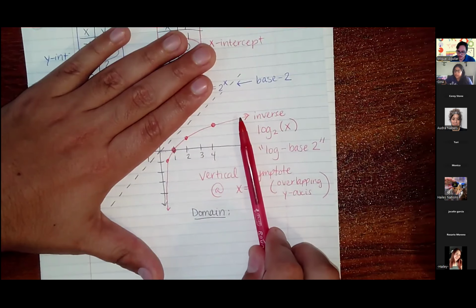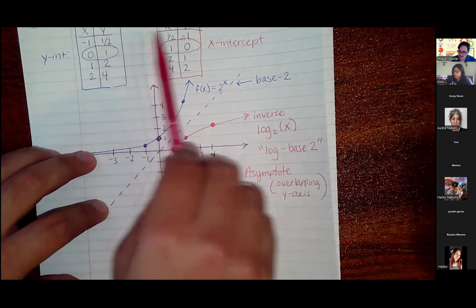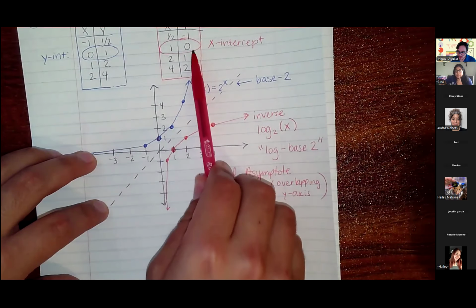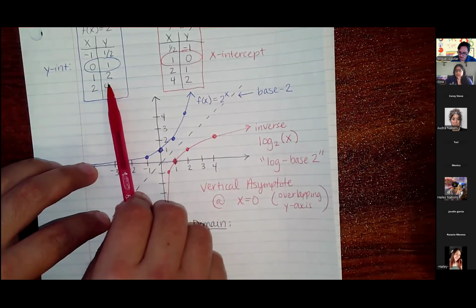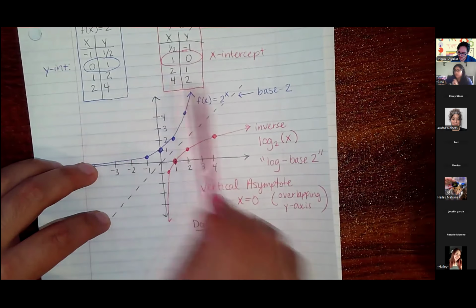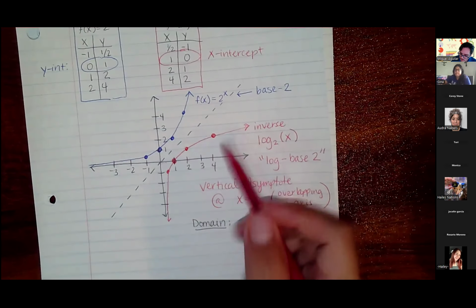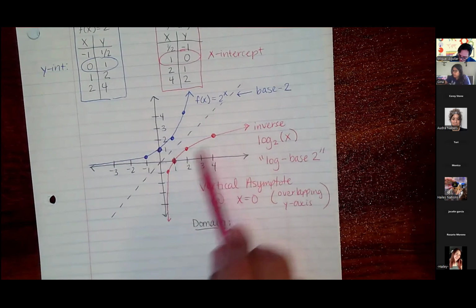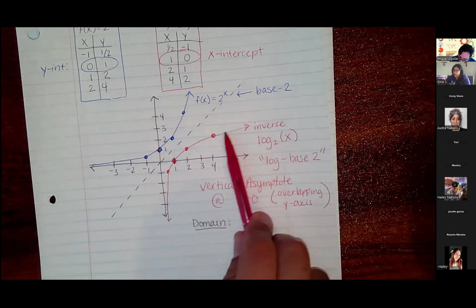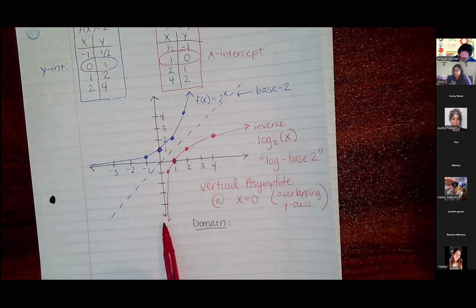Or as I said before, the domain of this function becomes the range of this function, and the range of this function becomes the domain of this function. But just visually looking at the graph, we keep using that rule of thumb that the domain is the leftmost part of the graph. This graph goes left and gets blocked by the y-axis, right?